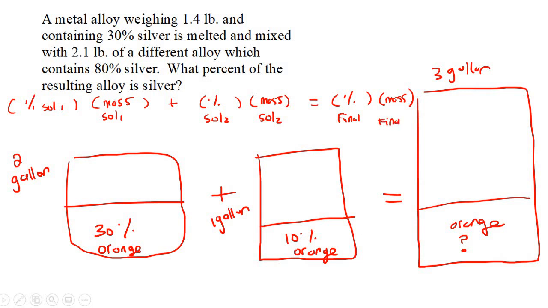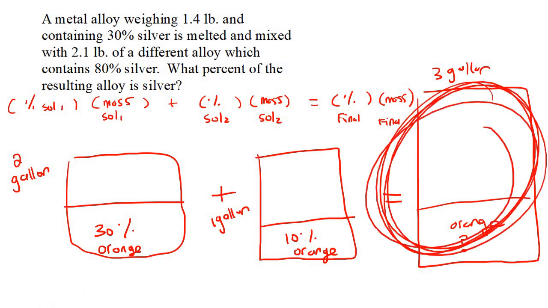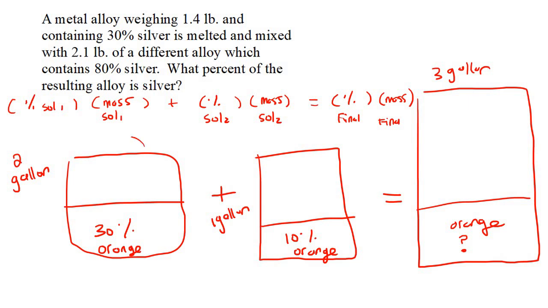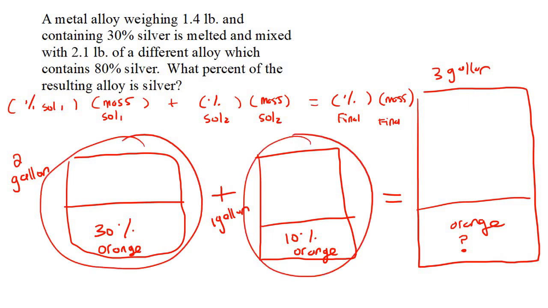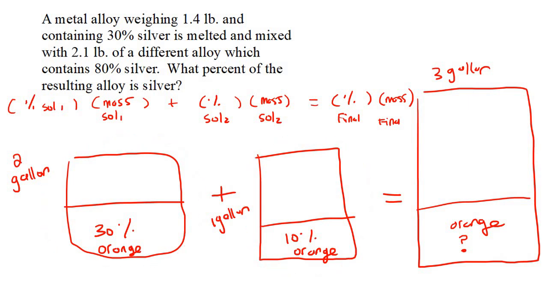Something to keep in mind, however, is that the mass of this container over here is always going to be the mass of number 1 plus the mass of number 2. That should make perfect sense, right? So this mass over here, your final mass, is always going to be the mass of solution 1 plus the mass of solution 2.